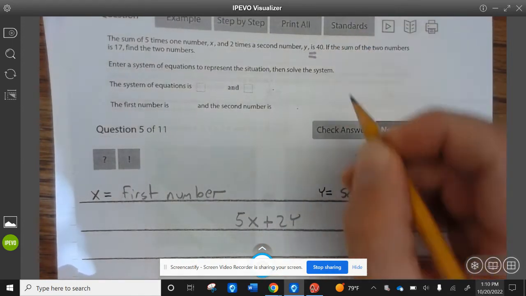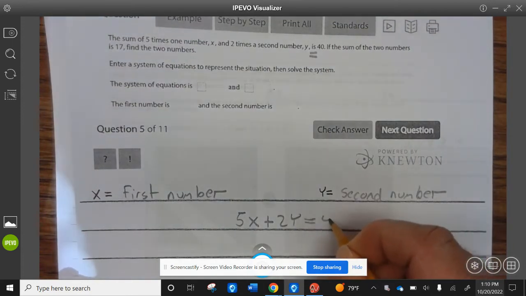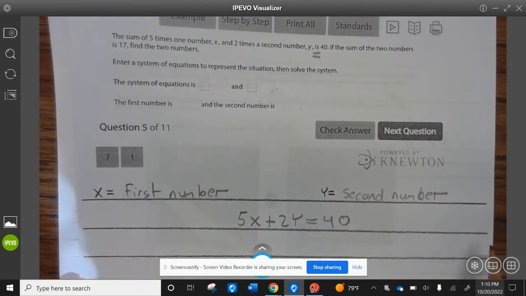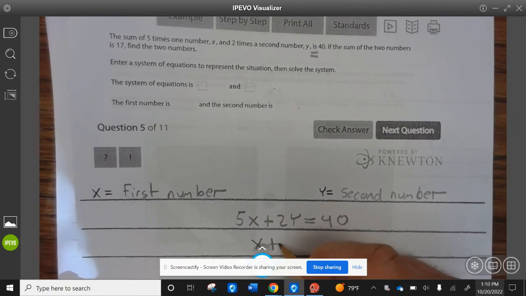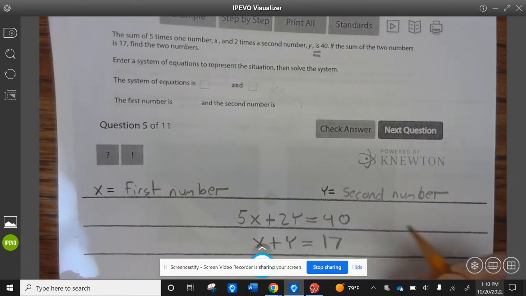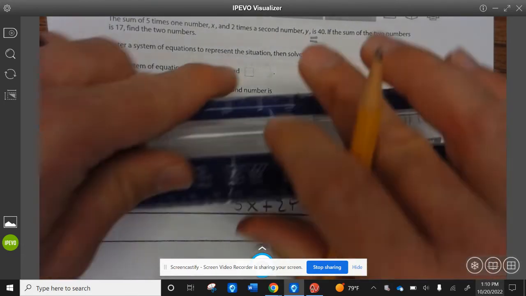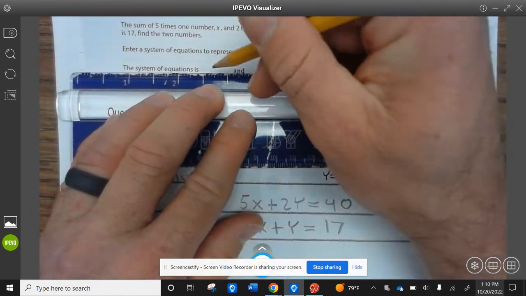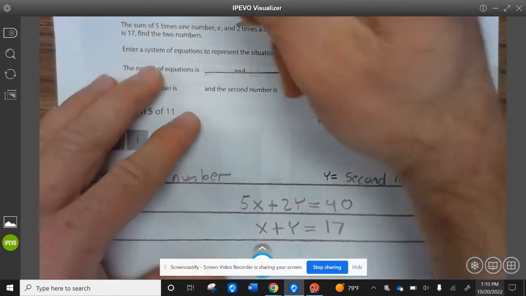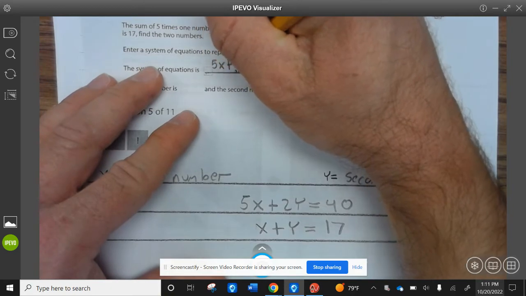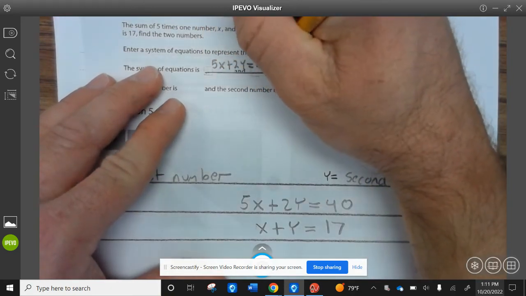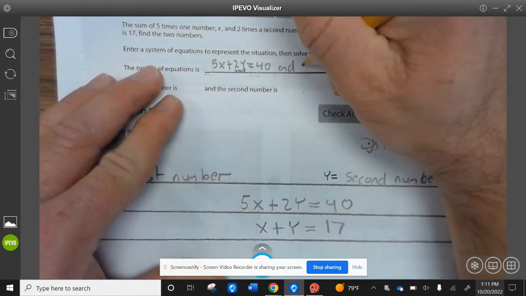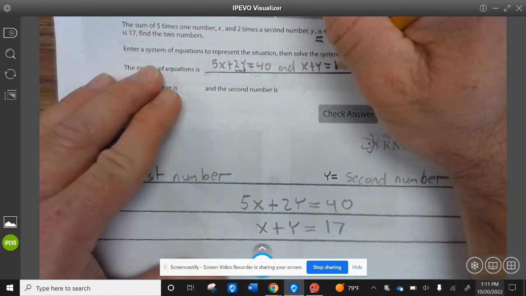The word is means equal, so equals 40. And then the sum of the two numbers is 17. So x plus y equals 17. So there's our two equations. So 5x plus 2y equals 40, and x plus y equals 17.